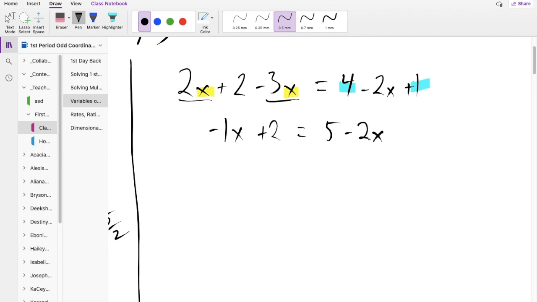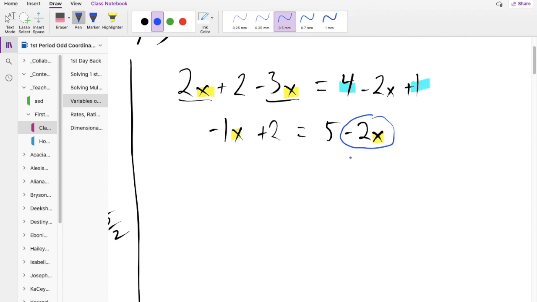So I started by simplifying both sides of the equation, but now I still see that I have an issue where my variables are on both sides of the equation, so I need to do something about that. Again, this negative 2x over here, which I'm going to move to the left side, is being added or subtracted from this 5.